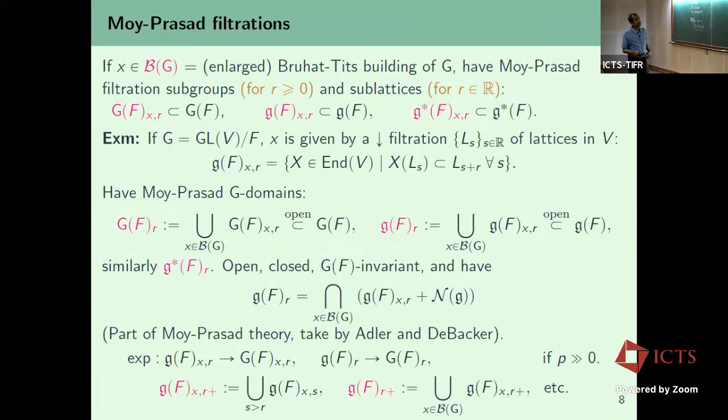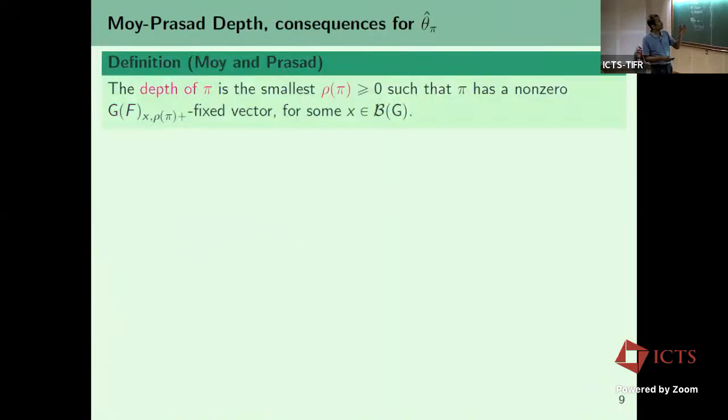Then Jessica also introduced these this morning. G(F)_{x,r+} is whatever is slightly smaller than G(F)_{x,r}. Namely, you take the union of every s greater than r. Remember, this was a decreasing filtration, so you take the union of all G(F)_{x,s} with s greater than r. Similarly, you can define the Lie algebra version as well. We also saw this this morning in Jessica's talk, and this allows us to recall the definition of depth.